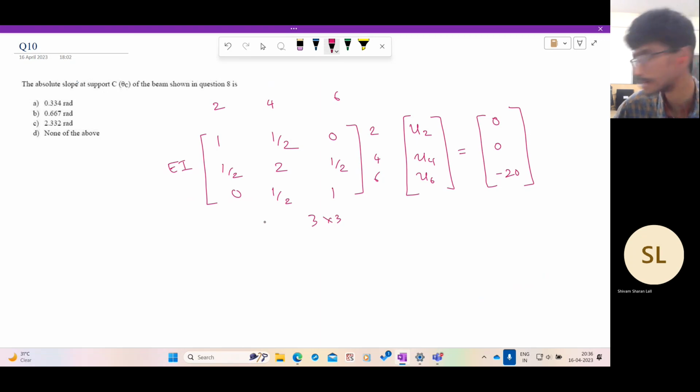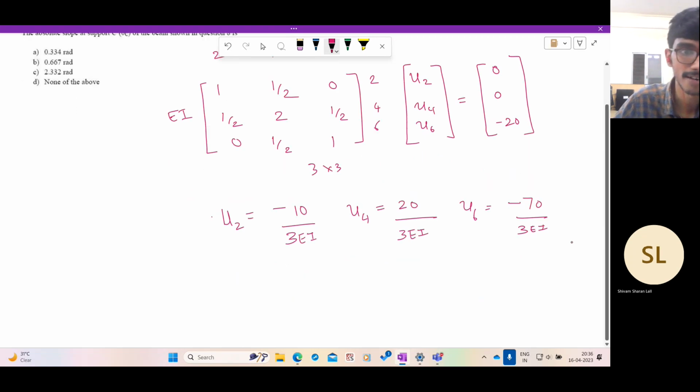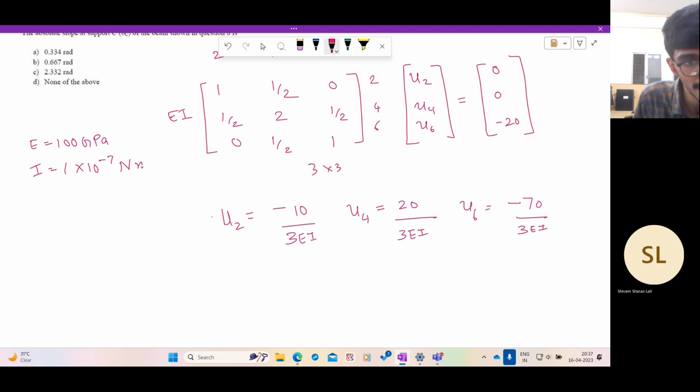You can solve it using your calculator. And you get U2 is equal to minus 10 by 3 EI, U4 is equal to 20 by 3 EI, and U6 is equal to minus 70 by 3 EI. It is given in the question E is 100 GPa and I is 1 into 10 power minus 7 meter to the fourth.